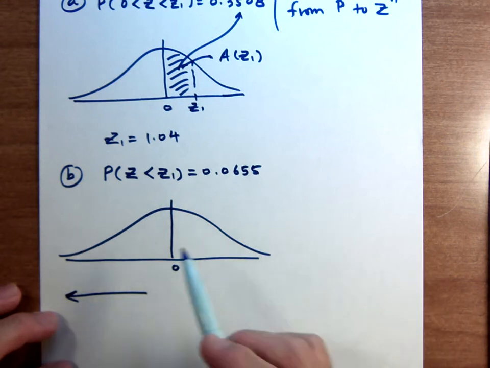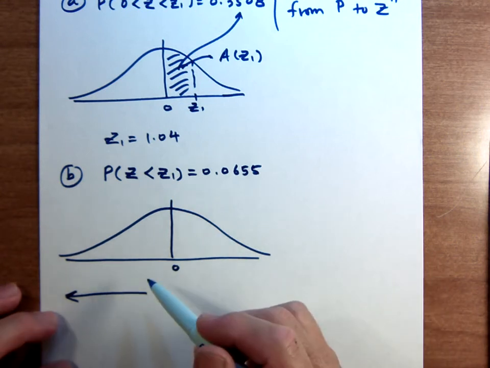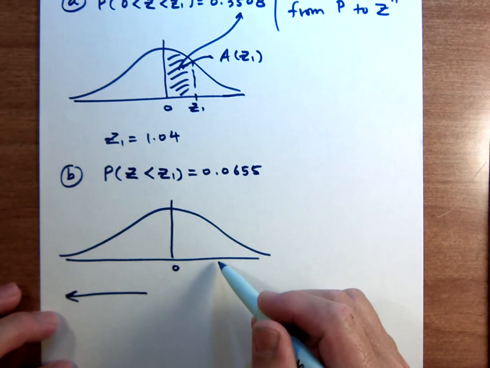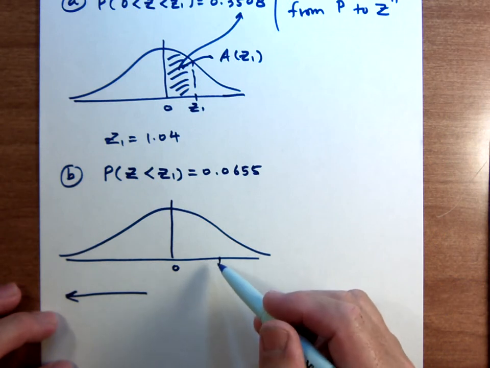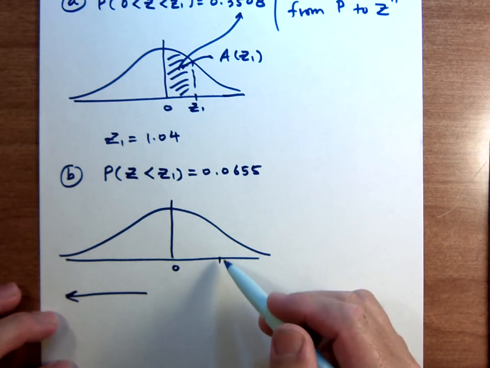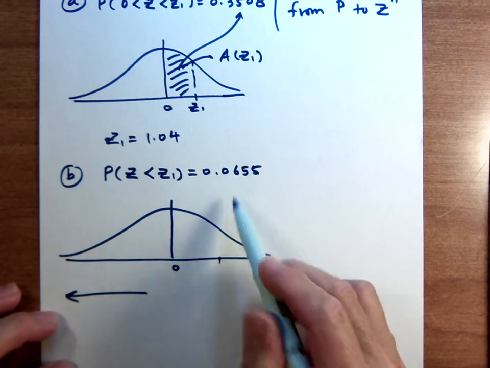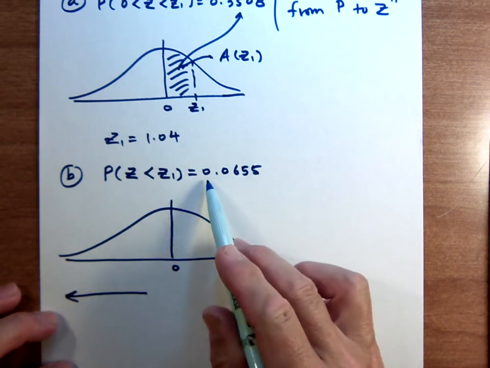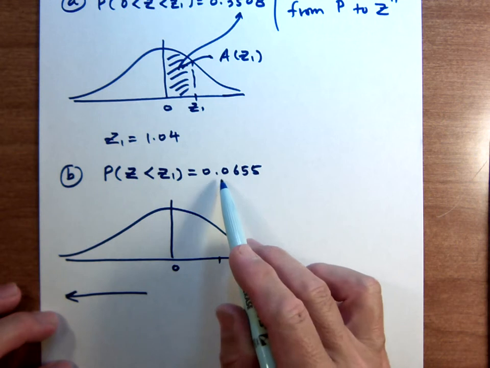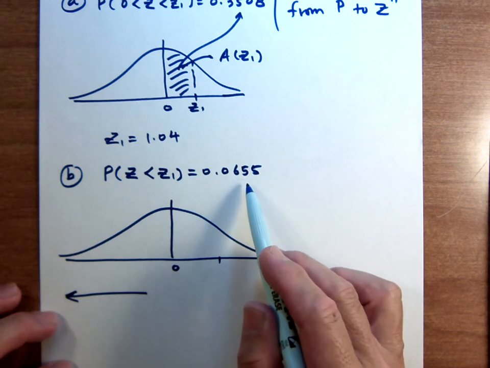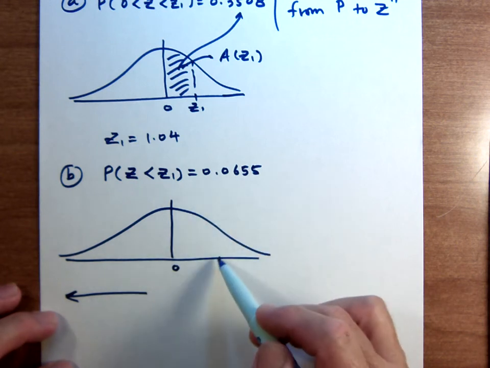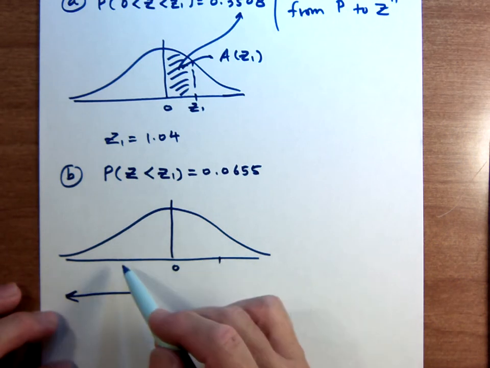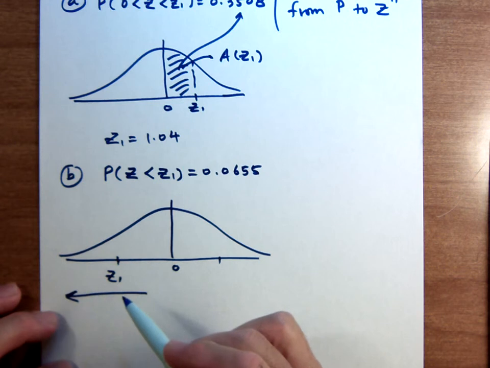Let's say our z1 is here on the positive side. What this problem is saying is the area under the curve is 0.0655. I hope you realize that that cannot happen if z1 is positive, so z1 must be negative.